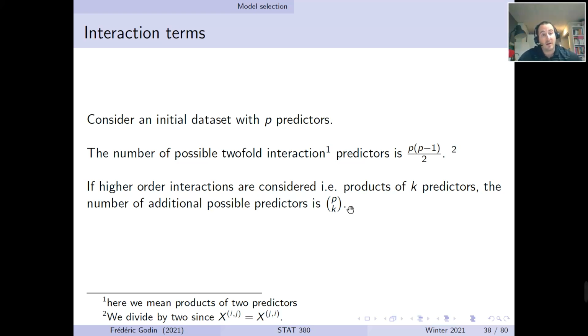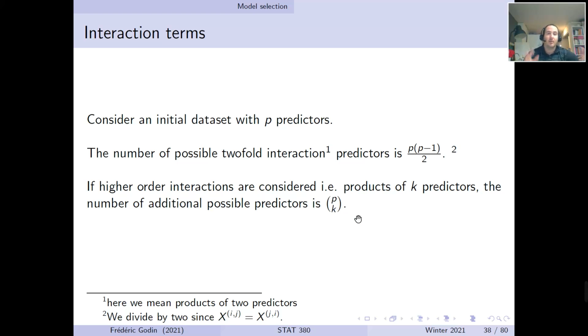And if you want even higher order interactions, so let's say products between 3 variables or something like that, then it's even many more covariates or predictors to be included, because if you want interactions of order k, there are choose k among p possible such interaction terms, designed by choosing all the ways you can choose k predictors within the p ones.